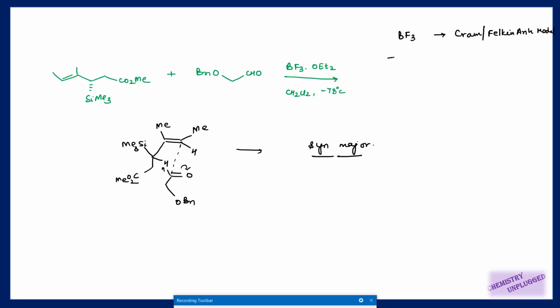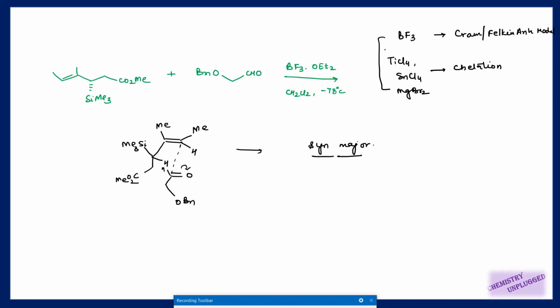And if you are using titanium chloride, zinc chloride, tin chloride, or magnesium bromide, then you have to apply the chelation model. But in the case of the chelation model, you should also have a heteroatom present on this alpha carbon atom. It should be chiral, and you should also have a heteroatom present on this carbon center, right? So these things are very, very important. You have to consider all of them.